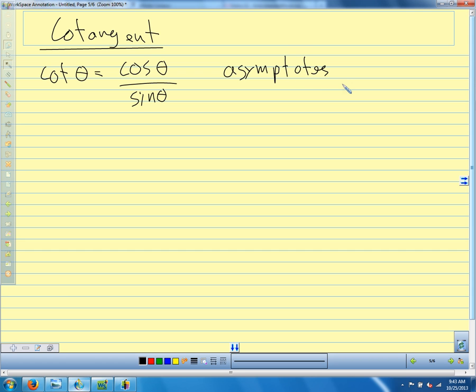Where are asymptotes going to show up this time? What's going to give us an asymptote for this one? When sine theta equals 0, when our denominator equals 0. And we know that sine theta equals 0 at 0, pi, 2 pi, etc. So these multiples of pi. So the way we write that is theta equals n pi, where n is some integer. So we get 0 pi, 1 pi, 2 pi, 3 pi, any multiple of pi, we get an asymptote for the cotangent.